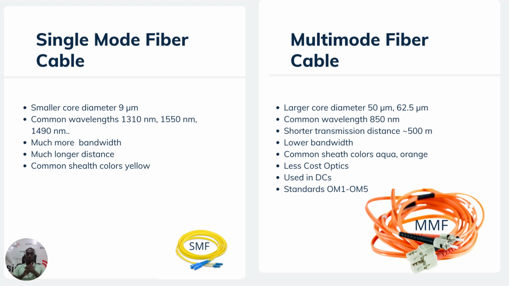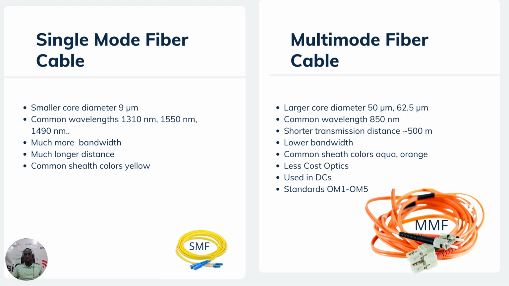Now, multimode is a cable typically used for short haul, very short cable runs, and you tend not to get as high bandwidth, but you can get high bandwidth as well. Typically you find it in applications where distance is not a factor.